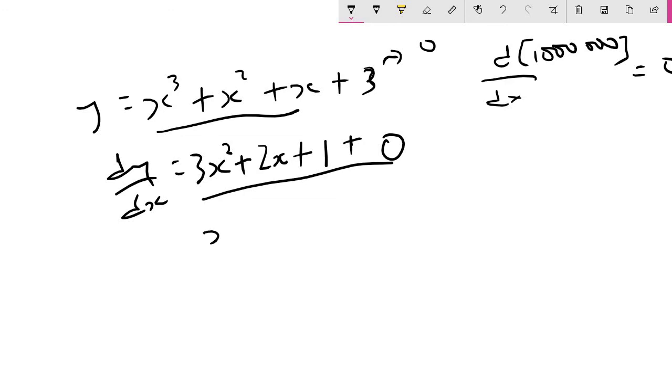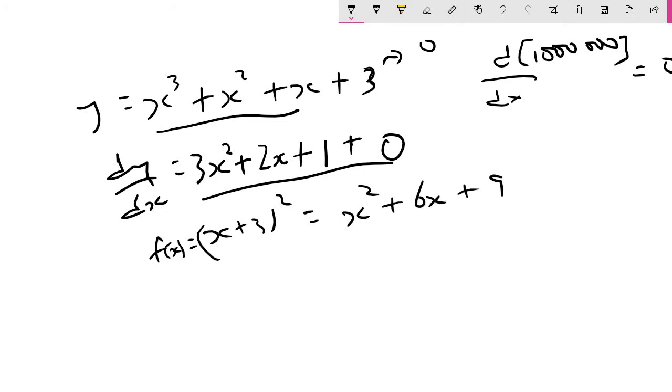So now the question given to us was f(x) is equal to (x plus 3) all squared. Remember, we expanded it to get x squared plus 6x plus 9. Now the derivative of this, if we apply what we just learned, we bring this down, we get 2x plus, this, remember, is 1, so we bring 1 down, and we multiply it by this guy here.